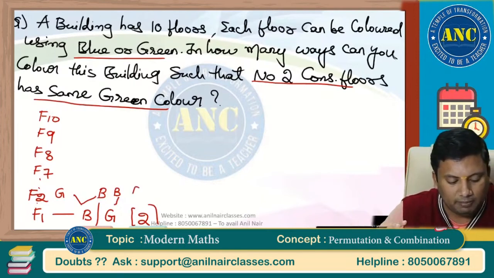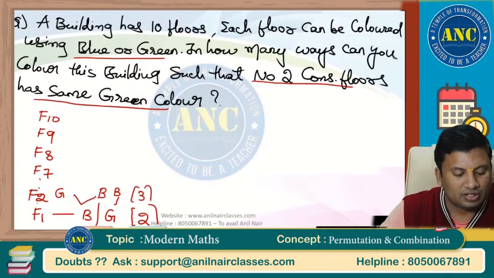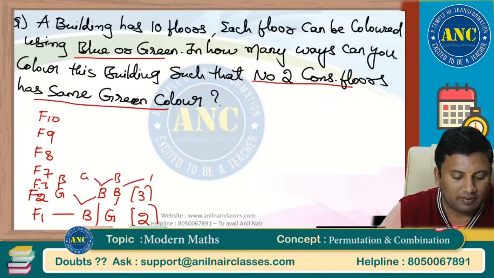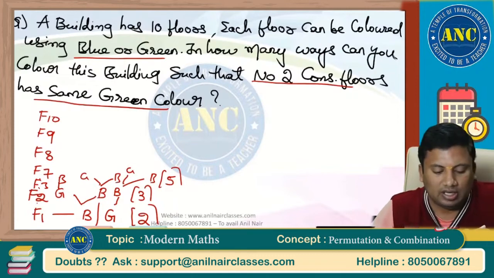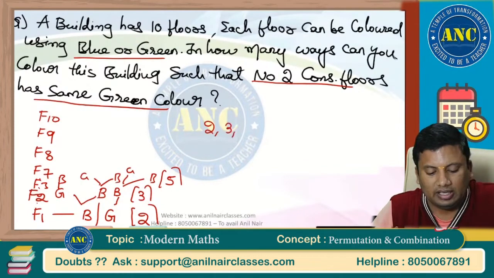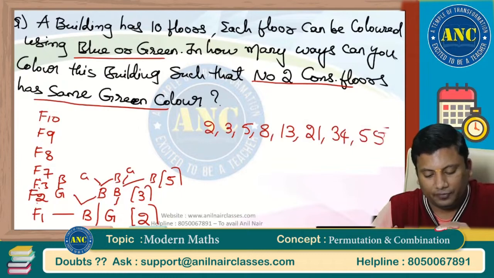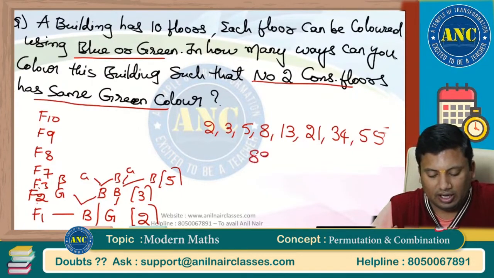So GBB, how many cases? 3. Similarly, with G, second, F3, I will get 1 case. With B, I will get BBG. How many cases did I get? 5. So this is nothing but 2, next it is 3, next it is 5, 8, 13, 21, 34, 55. 1, 2, 3, 4, 5, 6, 7, 8, 9, 10.